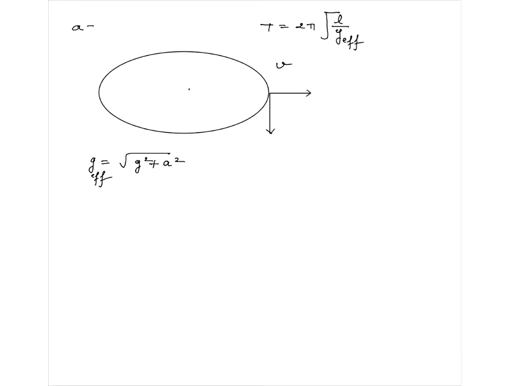A is something that you will have to find out. This is nothing but centripetal acceleration. So both cases are handled by pseudo force concept, that case or this case, and they have similar results.